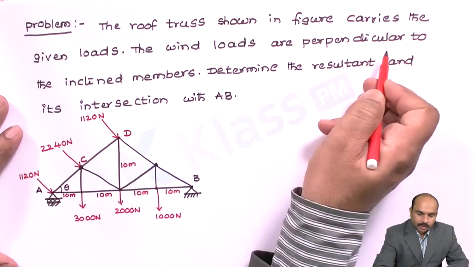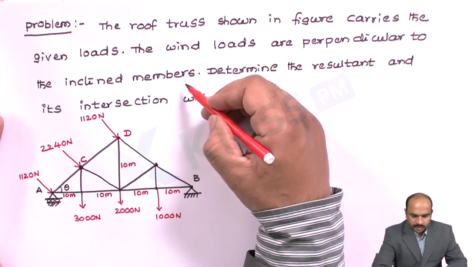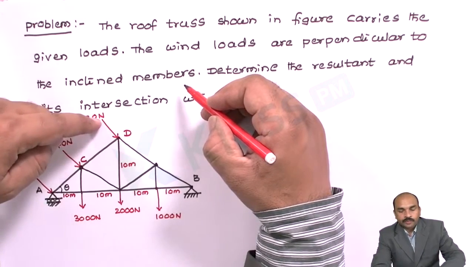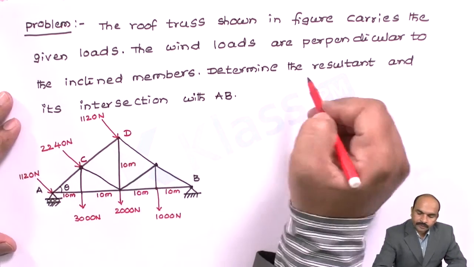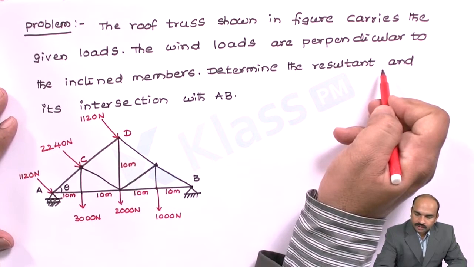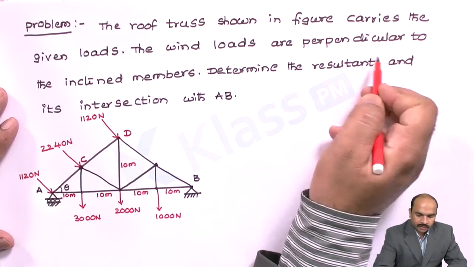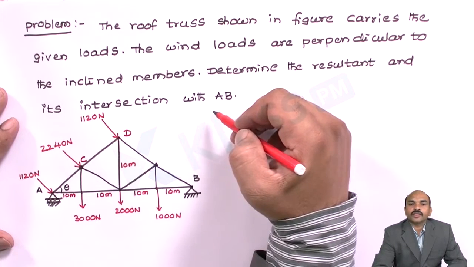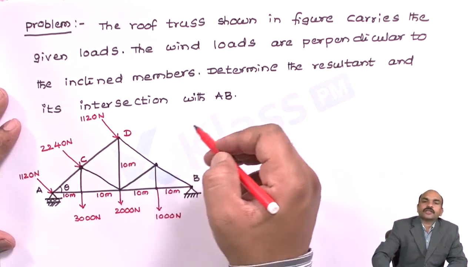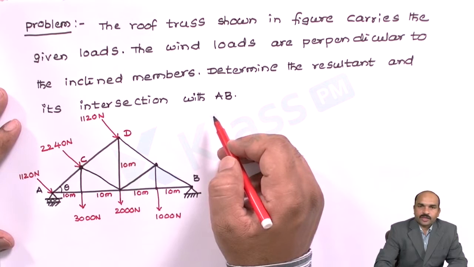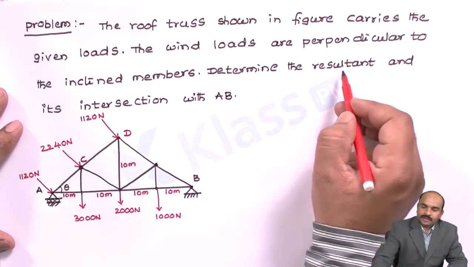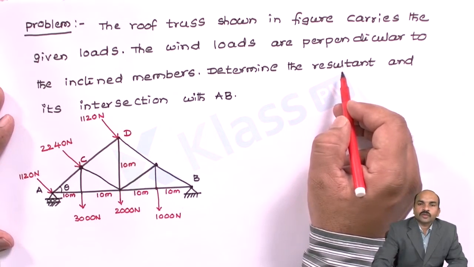The wind loads are perpendicular to the inclined members. You can see in the diagram, these 3 are the perpendicular forces. Determine the resultant of all the forces and its intersection with AB. Intersection means the distance: at what distance this resultant force is acting, that we have to calculate.